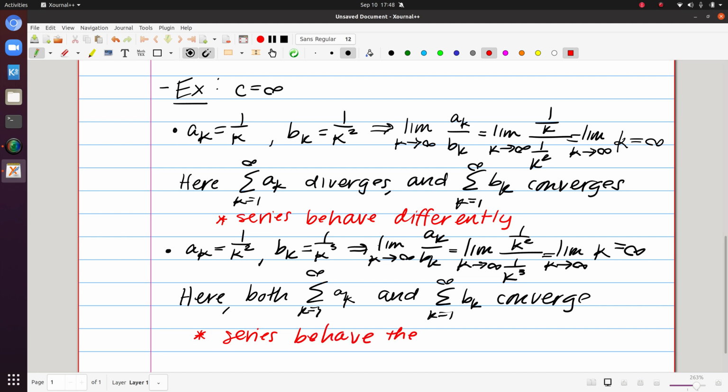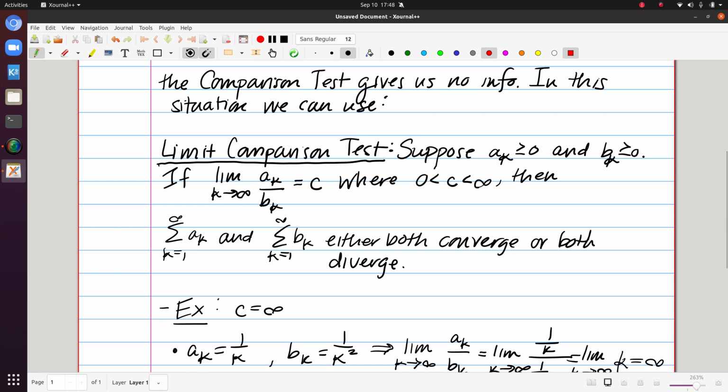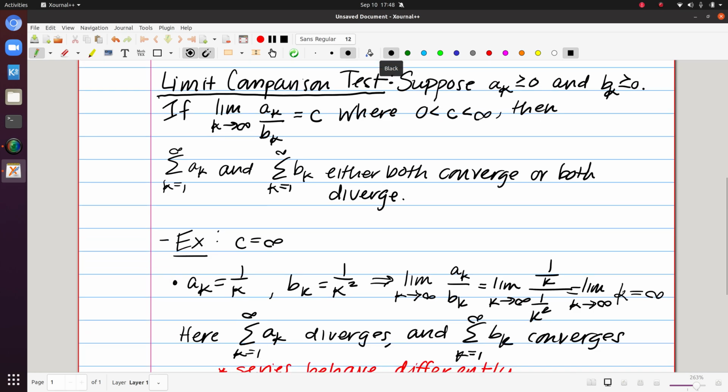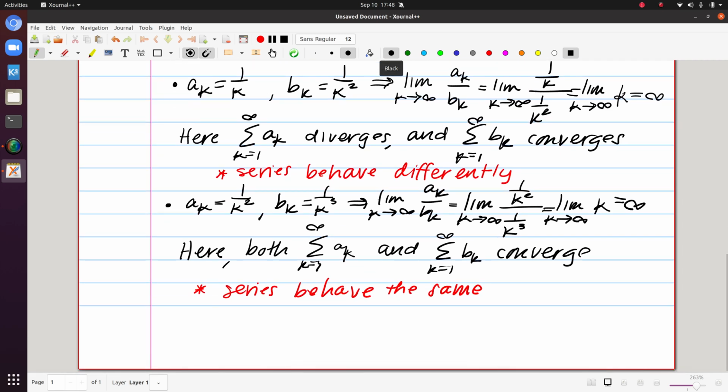So this is pointing out that something different is happening here when the limit is infinity. I could do a similar idea with showing situations where the limit is 0. And what the limit comparison test is saying is, if you were to take that limit and get any finite positive number, it would always be true that the two series behave the same. So basically, we want to avoid trying to use this where we have a comparison series so that that limit is infinity or 0.